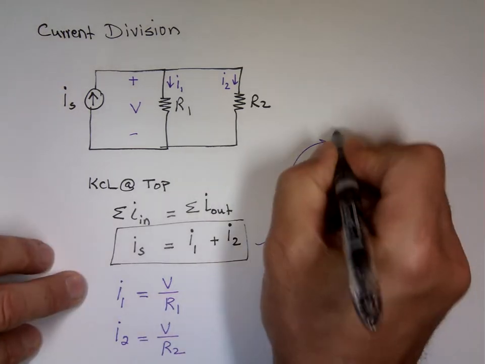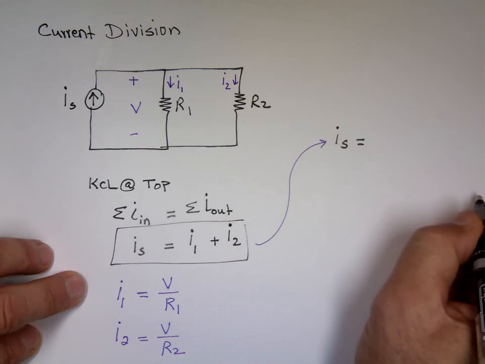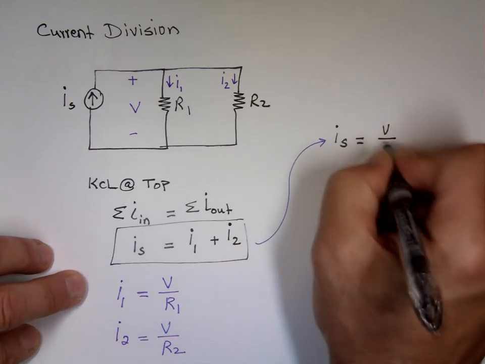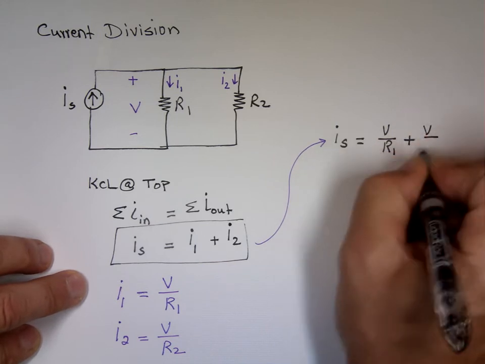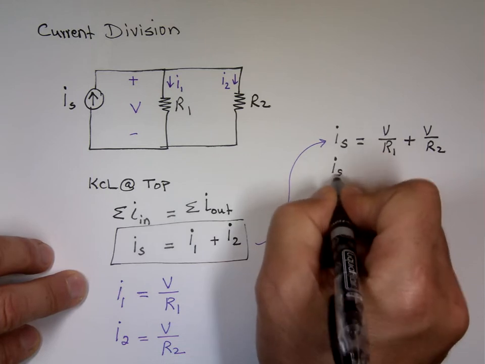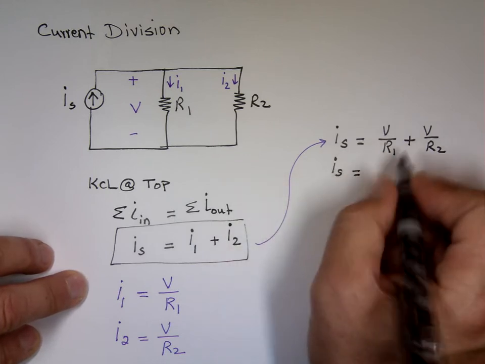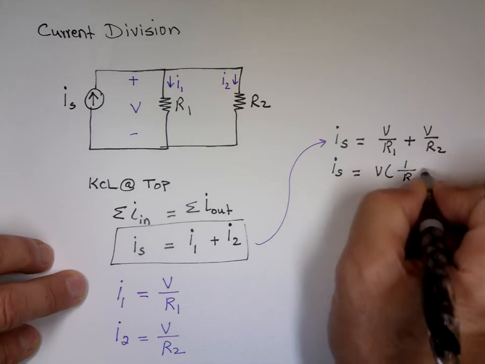I sub S equals V over R sub 1 plus V over R sub 2. If you factor a V out, one over R sub 1 plus 1 over R sub 2.